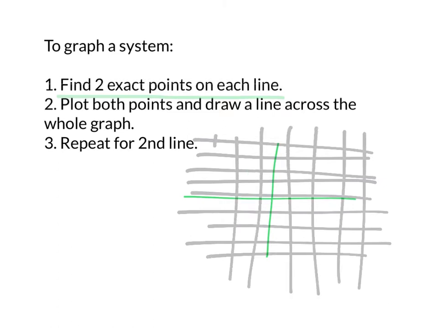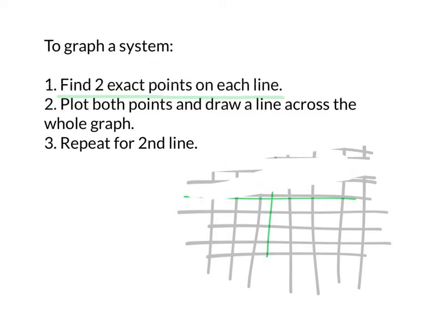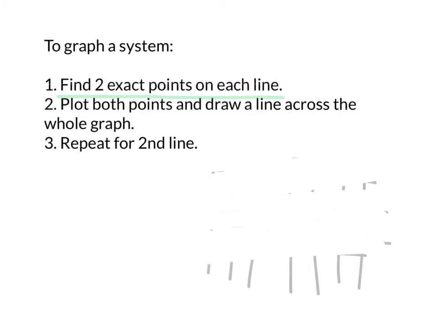You don't have to draw this, by the way. Stop sign points or exact points would be points that fall perfectly on the intersection of those grid lines. Points you, for sure, without a doubt, know the value of. So, let me erase that back out. Find 2 exact points on each line. Plot both of them. And then draw your line across the entire coordinate plane.